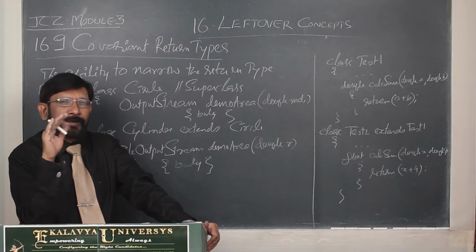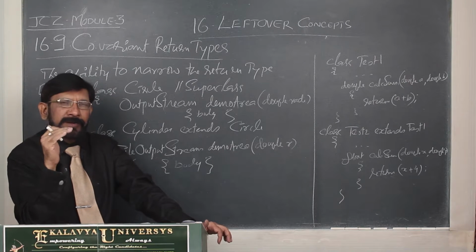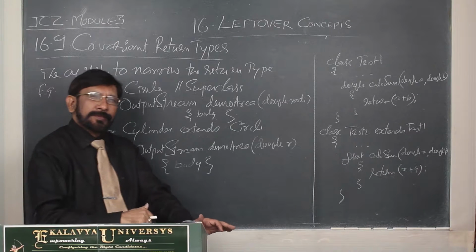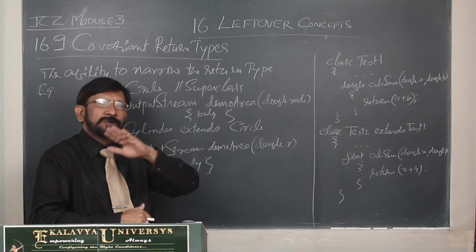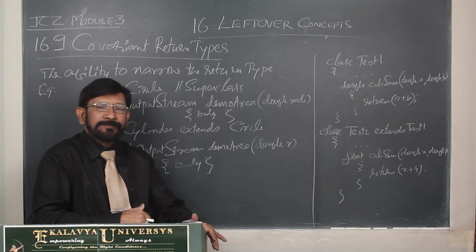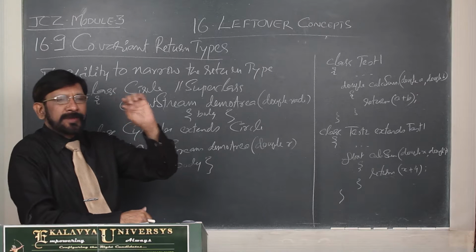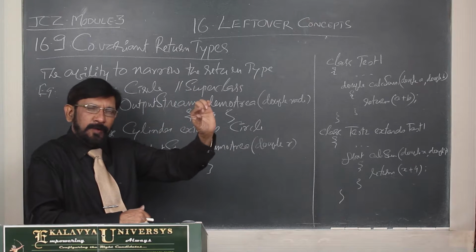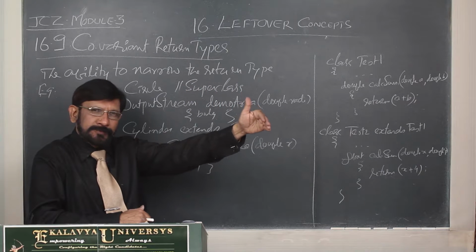That means whatever signature the superclass method has, the subclass overridden method also should have the same signature. Because of that, you can understand that the return type of the overridden method should be the same as in the superclass.